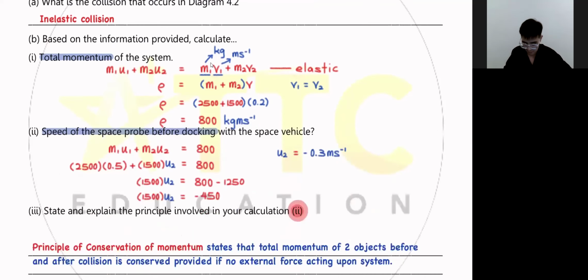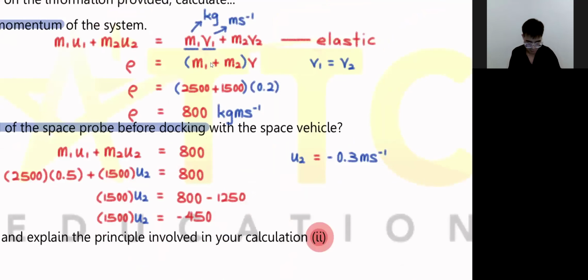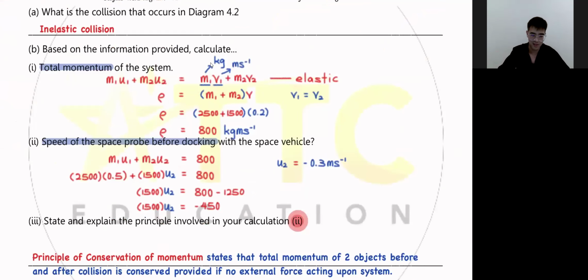That's why you will get a negative value for the velocity. That negative in the velocity means the object is moving in the opposite direction. So it's totally fine, and it's correct. So that's your answer: the velocity of the space prop before docking with the space vehicle.